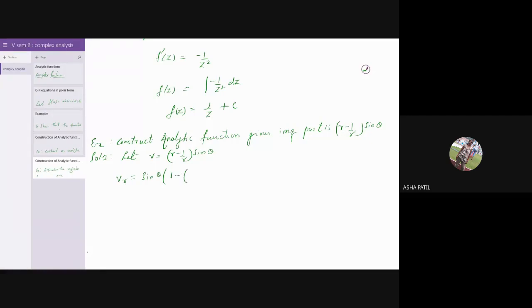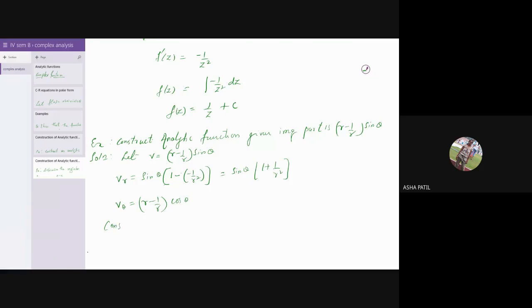Derivative of 1 by r is minus 1 by r square. Yes. So what we get is sin theta into 1 plus 1 by r square. Now what about v theta? Differentiate with respect to theta partially. r minus 1 by r is held constant. Derivative of sin theta is cos theta.